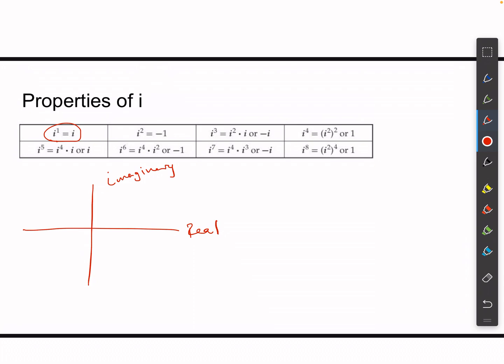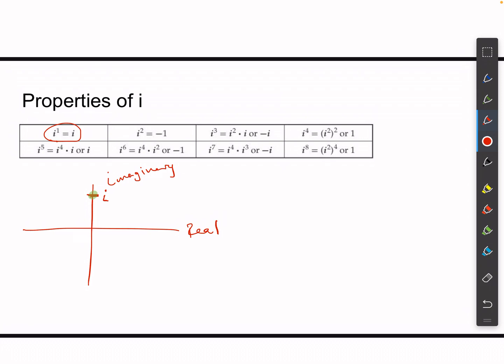We go from imaginary to real to imaginary to real to imaginary to real. It oscillates back and forth. So if you start with i, i to the first power is simply i. Let's say we start here. This is our starting place at i, which is a little different than our typical place that we would start on the real coordinate plane.